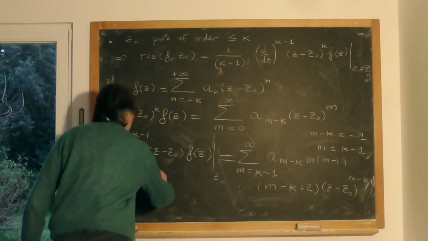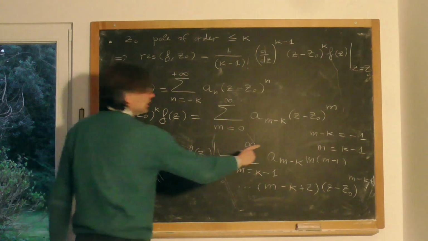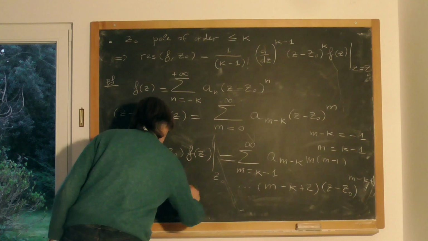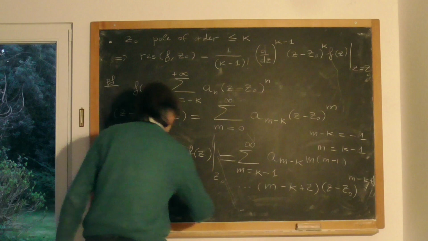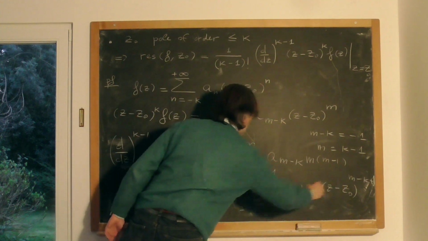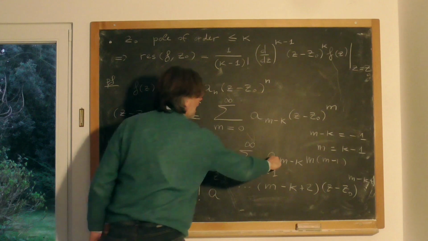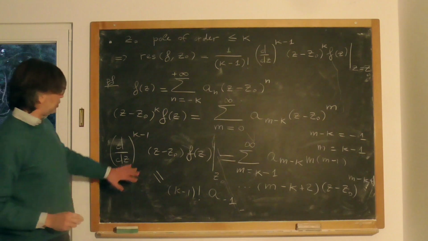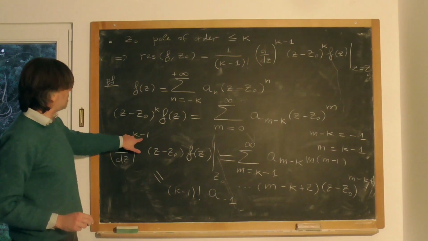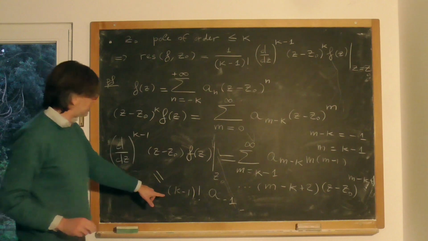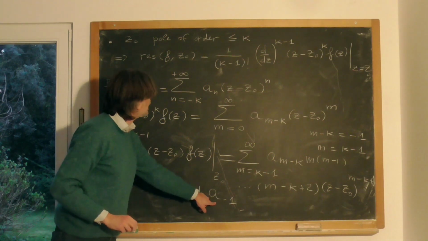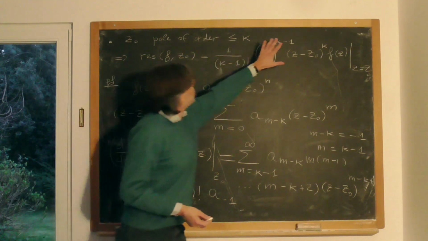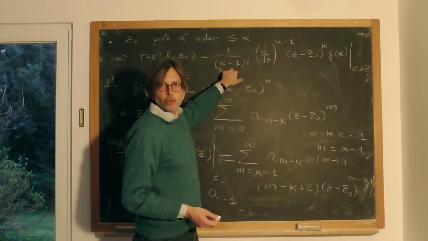We obtain k minus 1 factorial times a, when n is k minus 1, this is a minus 1. So the value of this k minus 1 derivative at z naught is precisely k minus 1 factorial times a minus 1. So our a minus 1, the residue, is this derivative divided by k minus 1 factorial.